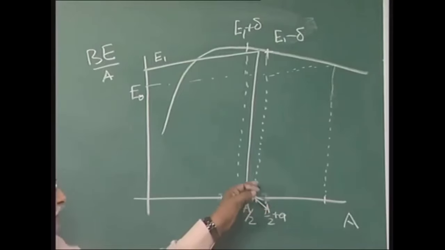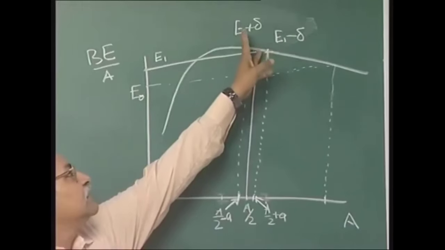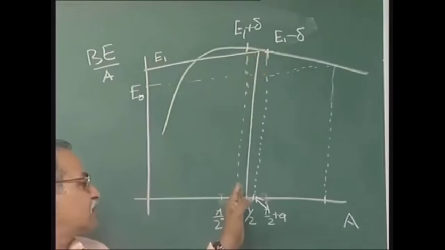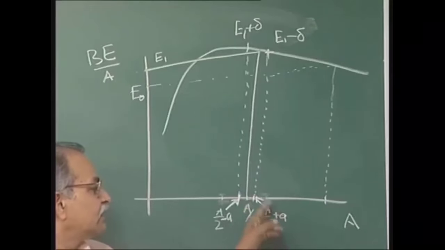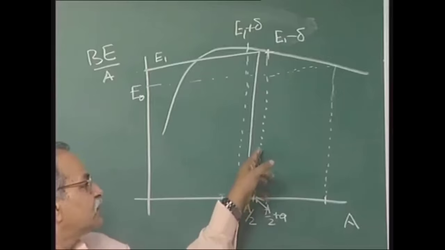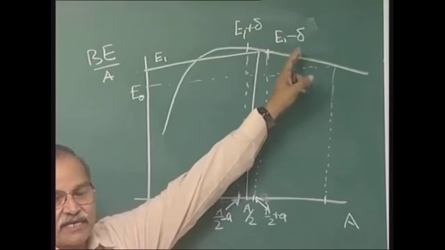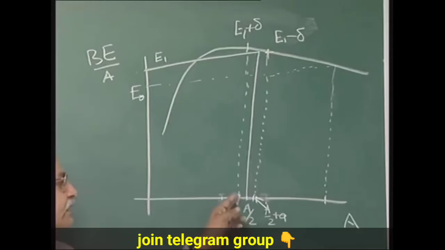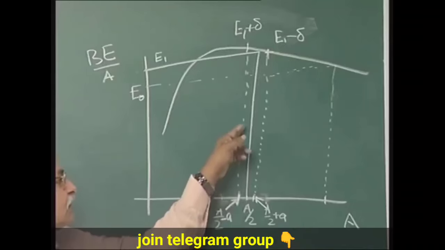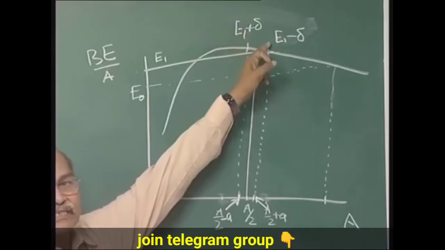At A by 2, I take the binding energy per nucleon to be this E1, okay. And then for the fragment with slightly larger A value, that is A by 2 plus small a, for this the binding energy per nucleon value will be smaller than E1, that I am writing E1 minus delta, and for the fragment with mass number A by 2 minus a, for this the binding energy per nucleon value will be slightly more than E1. So, that I am writing E1 plus delta.